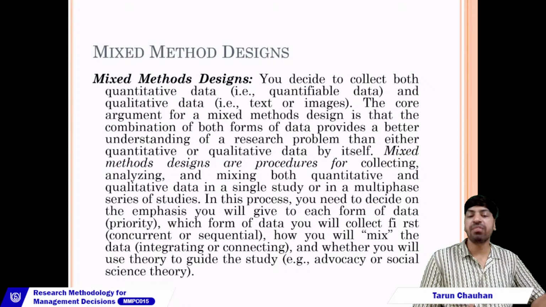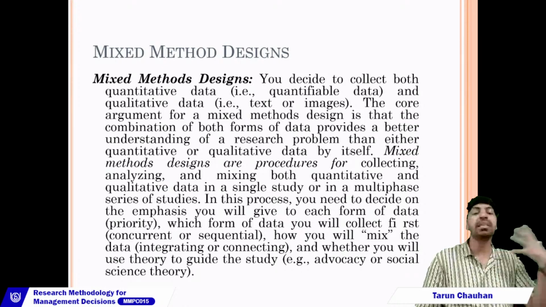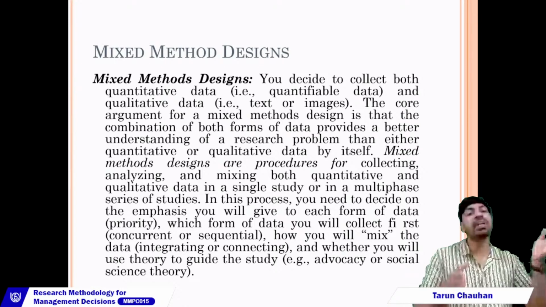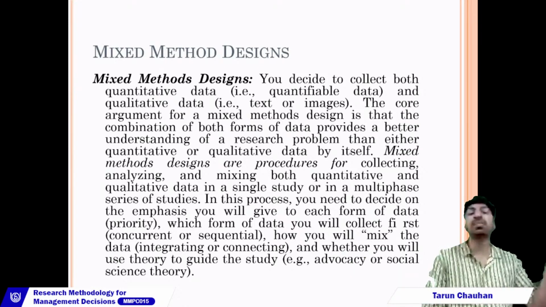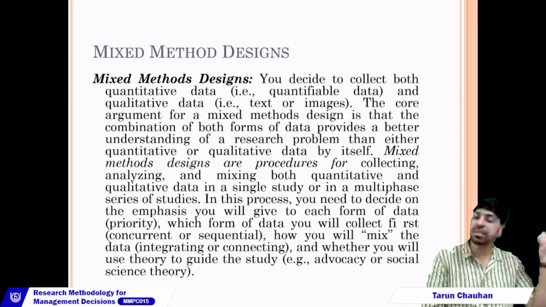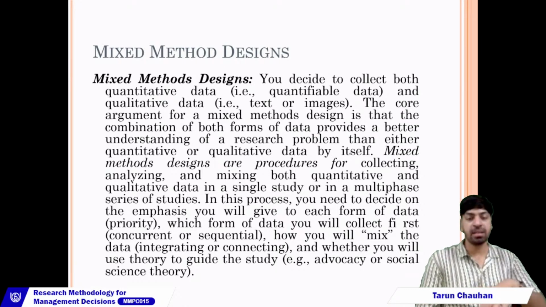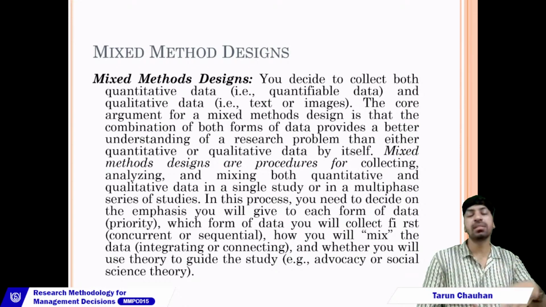concurrent manner, and how they mix up the data, how they integrate or connect the data relevant to their research objectives, and what theories they will use to guide the study. It could be a social science theory or an advocacy theory, and that's called the mixed methods design.